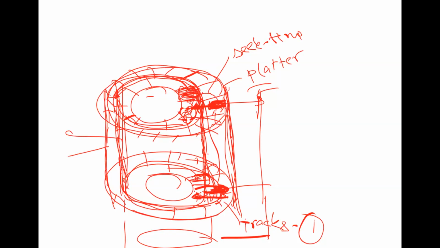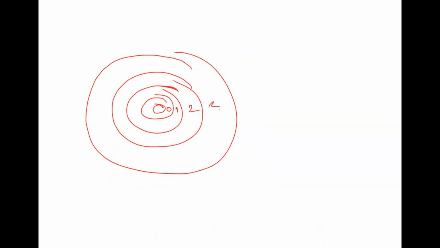Now let me give you an example. Let's say this is one disk surface. This is track number 0, this is 1, this is 2, and this is 3.